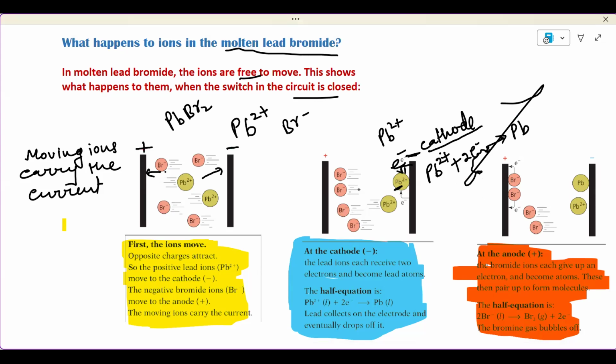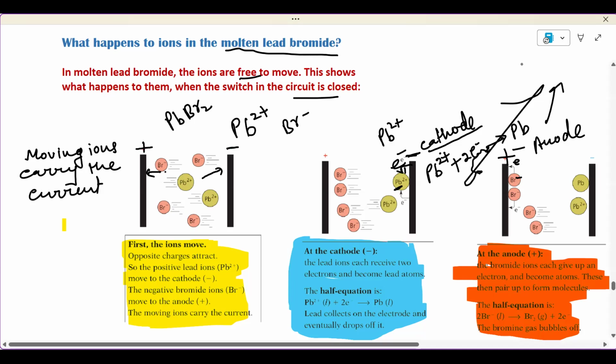And here we can say this is the bromide ion at the anode. The bromide ions each give up an electron towards the anode and become bromine gas. The equation would be 2Br-.